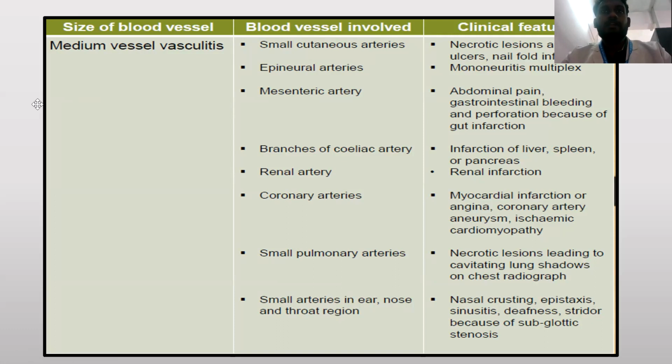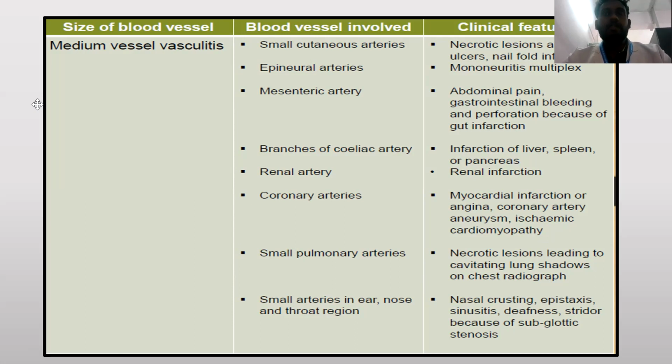If it is the mesenteric artery which is affected, it can lead to abdominal pain, gastrointestinal bleeding, and perforation because of the gut infarction. If it is affecting the celiac artery, then it can lead to infarction of spleen, liver, and pancreas. If it is the renal artery, it can lead to renal infarction.